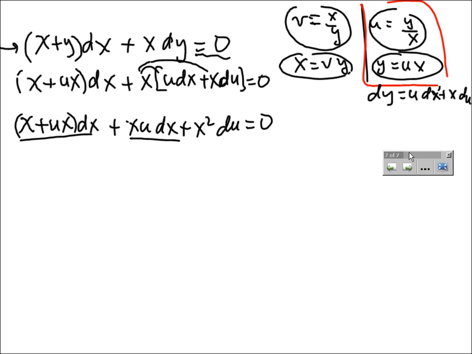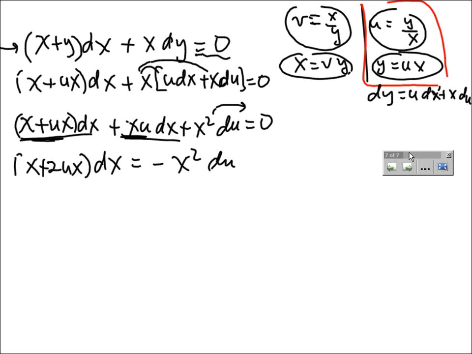These two terms have the x's in them, so we're going to factor out the dx. We have x plus ux from right here, and then we're adding another xu, which is the same as adding ux. So we'll have 2ux, and this is all times dx. And this I'll bring to the other side as negative x squared du.